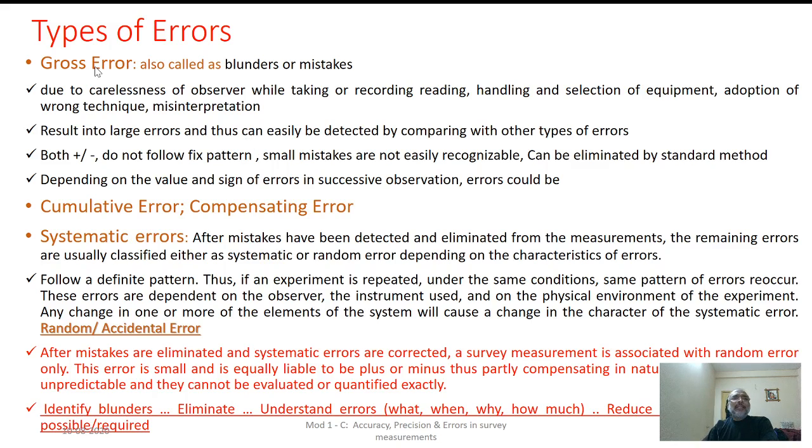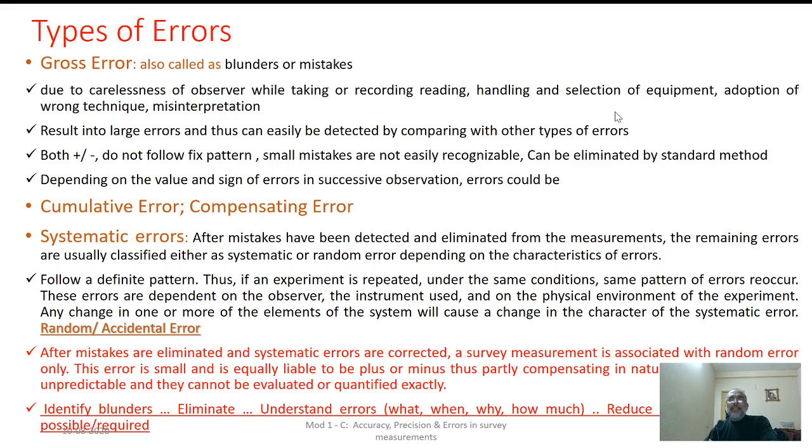Here, let's consider the first class. In fact, this should not be treated as an error; it is a blunder or mistake. These are gross errors which occur due to one's carelessness, or while handling or selecting the equipment one commits some mistakes.